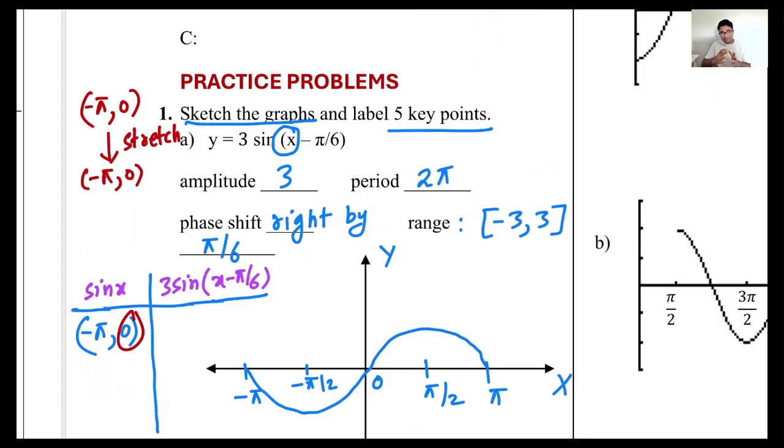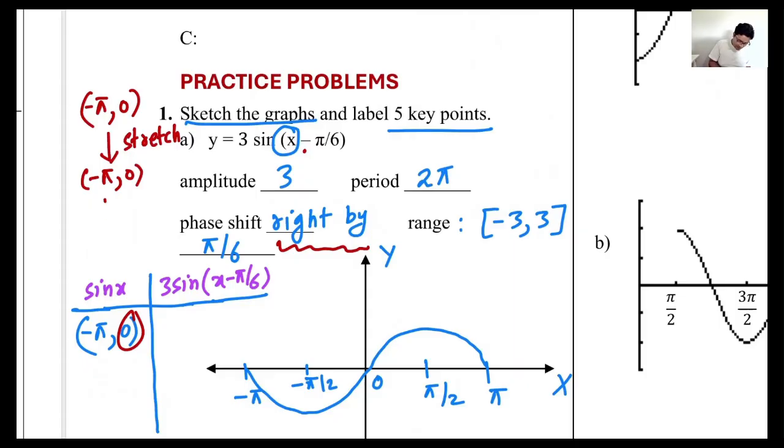But then you are shifting that point by pi over 6 to the right. It is important to understand it's a right shift, okay? And when there is a minus sign in the equation, that is a right shift. Some of you might be a little hazy on your college algebra or pre-calculus, so I'm repeating stuff here, okay?